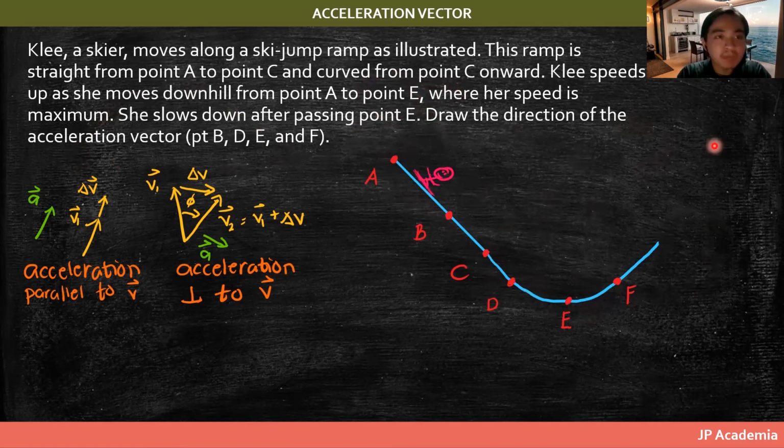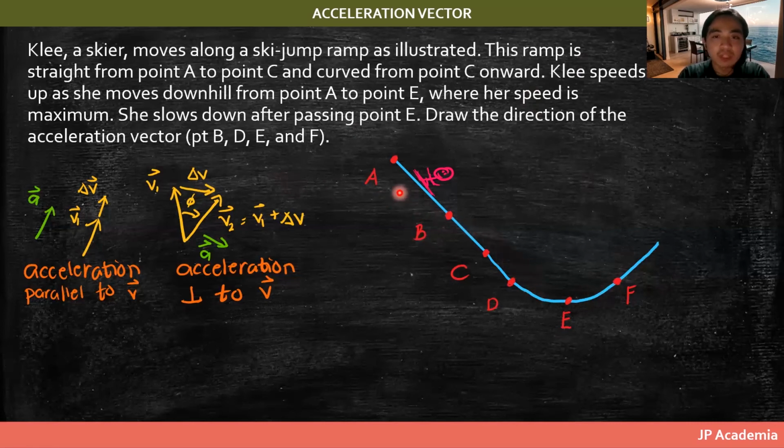So Klee speeds up as she moves downhill from point A dito hanggang sa papunta ng point E where her speed is maximum. So maximum daw yan. So she slows down after passing point E. So this one, pag-pass niya dito, nagsa-slow down na siya. So sabi, draw the direction of the acceleration vector for points B, D, E, F.